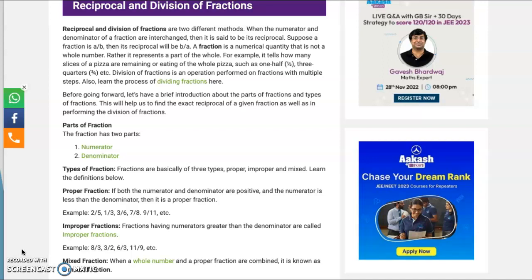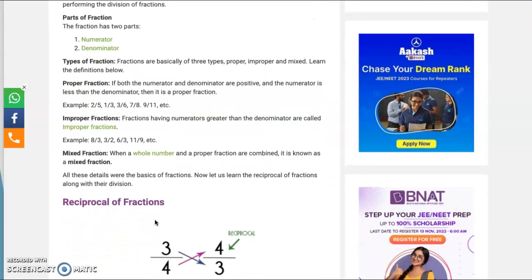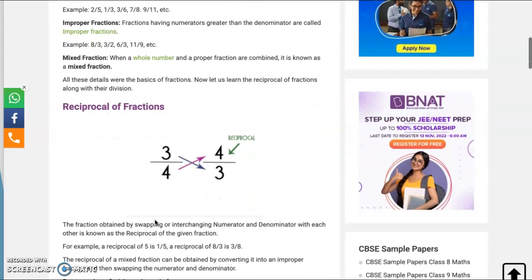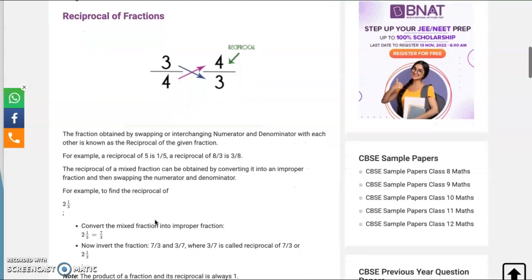You're also learning the process of dividing fractions, parts of the fraction, the numerator and the denominator. It's giving you examples of different fraction types: proper fractions, improper fractions, mixed fractions. So good information and reminders, and we'll stop here, but certainly you can go back and explore this some more.